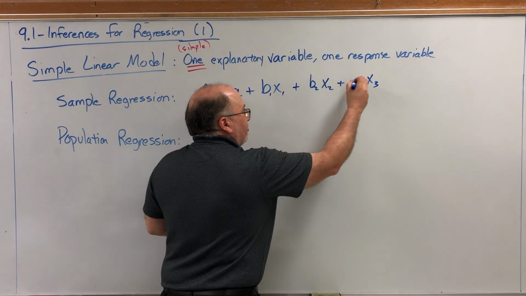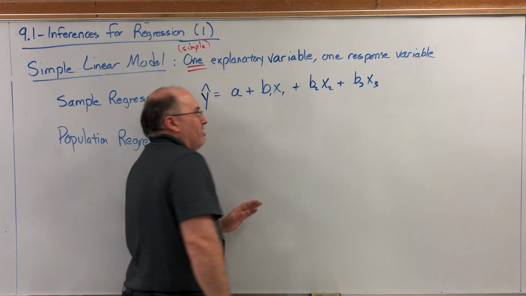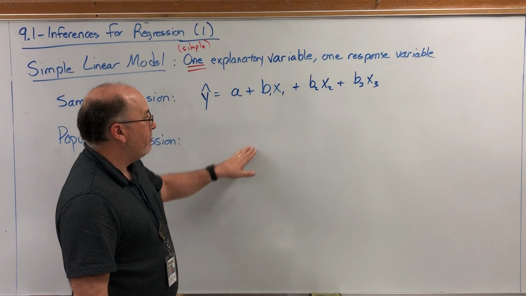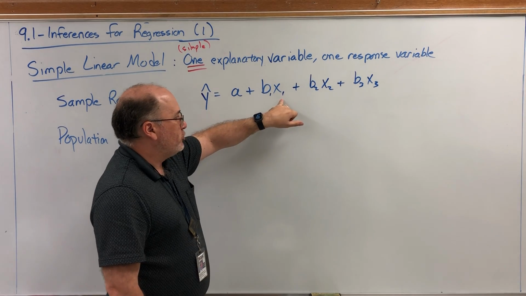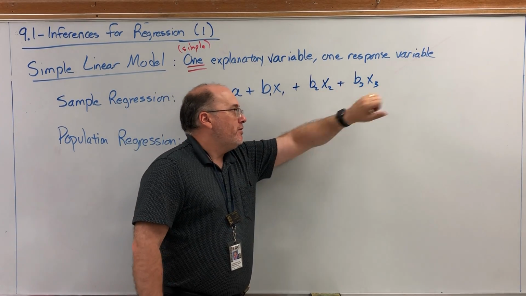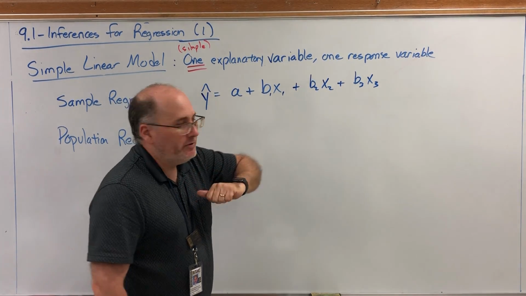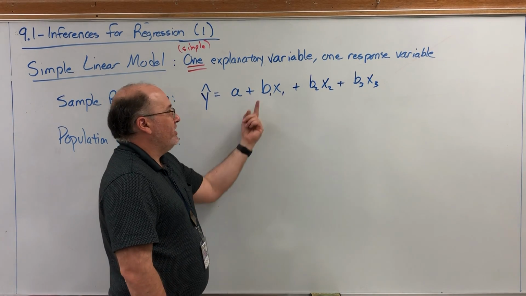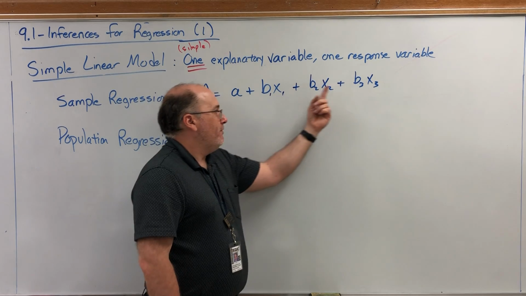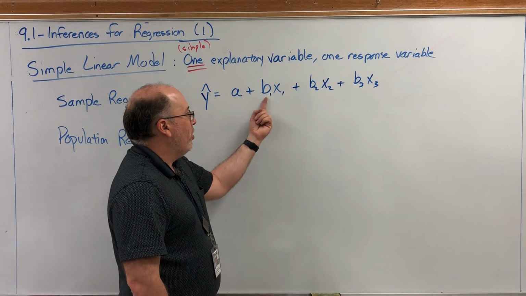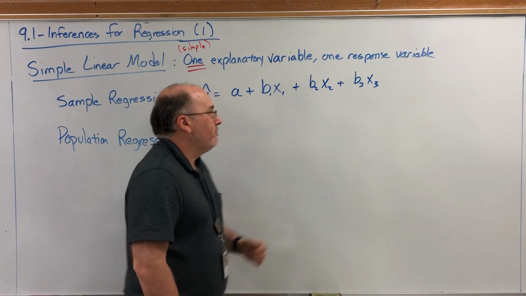So when we get to Chapter 10 and pick up multiple explanatory variables, we'll just be reusing the letter x over and over, subscripted with 1, 2, 3, however many we need. And following suit, we're going to do the same thing with the slopes. We'll recycle the letter b for the slopes and just subscript it with 1, 2, and 3.